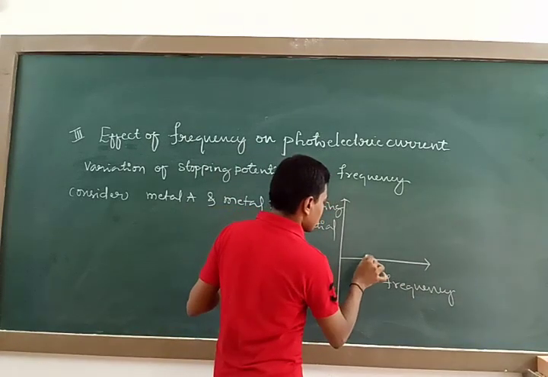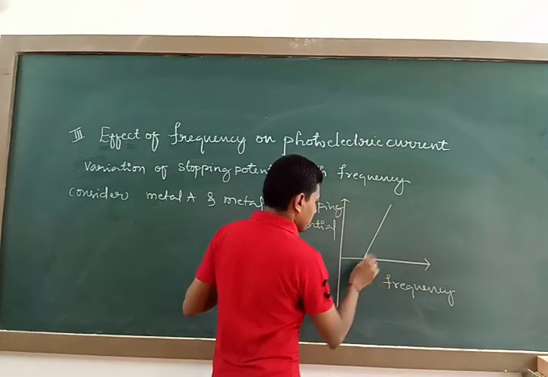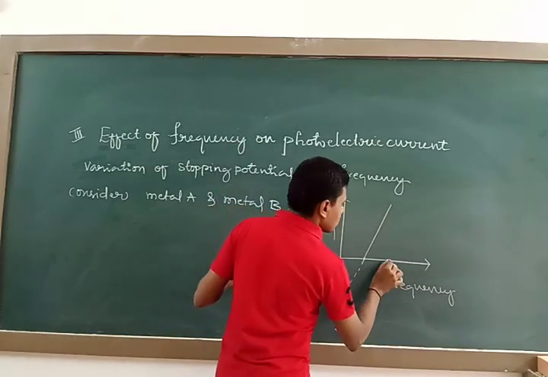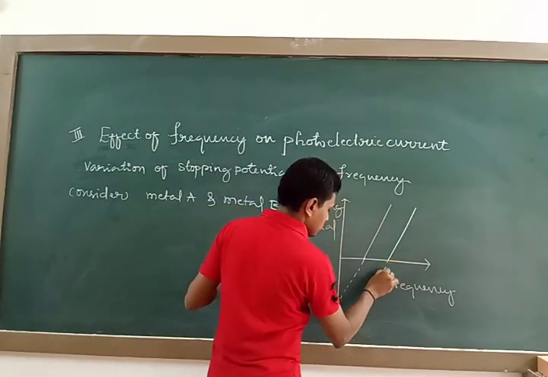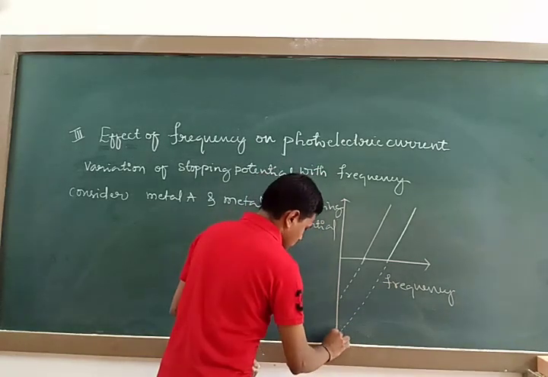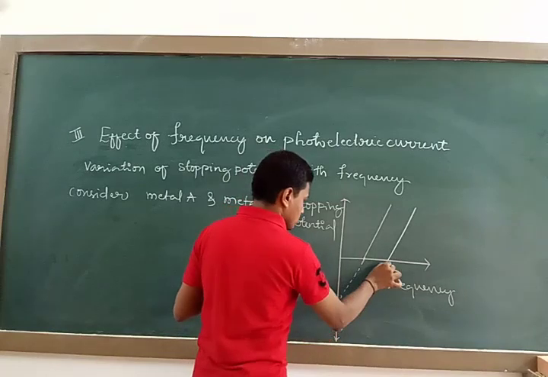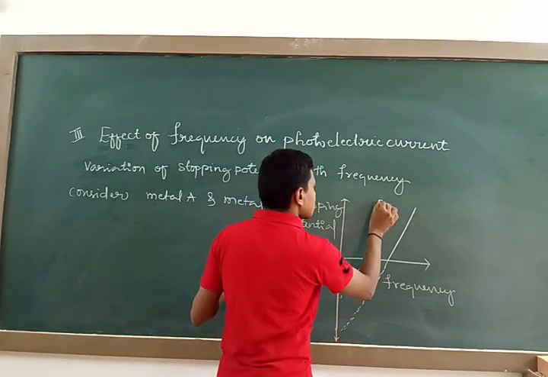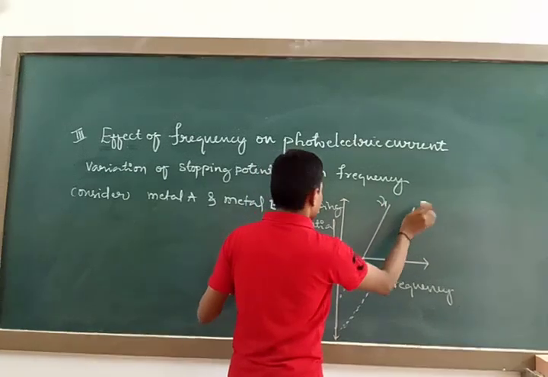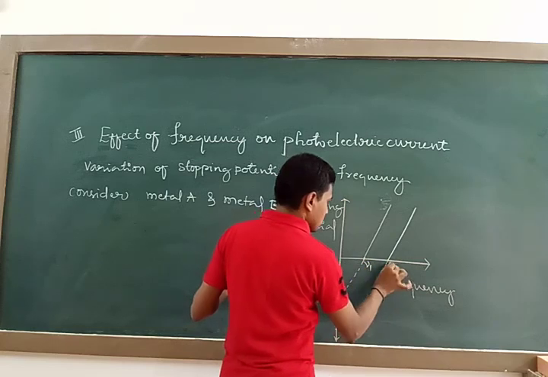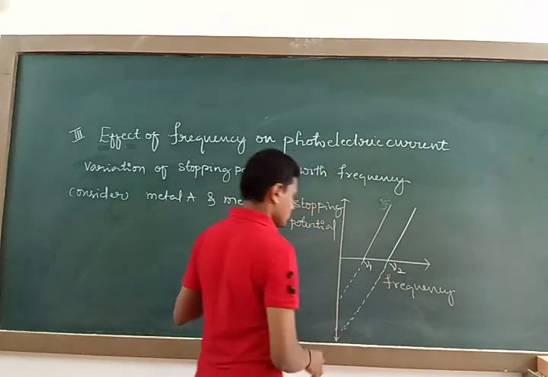Say this is for metal A. This is nu1, this is nu2.